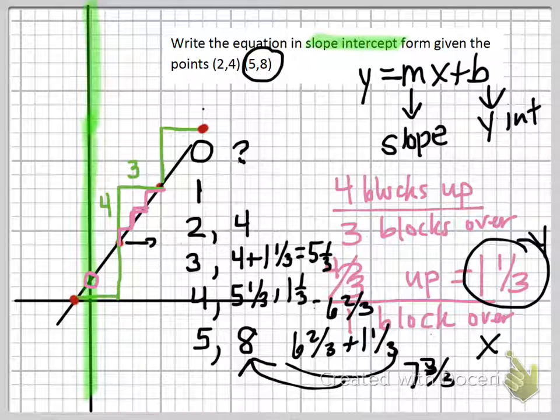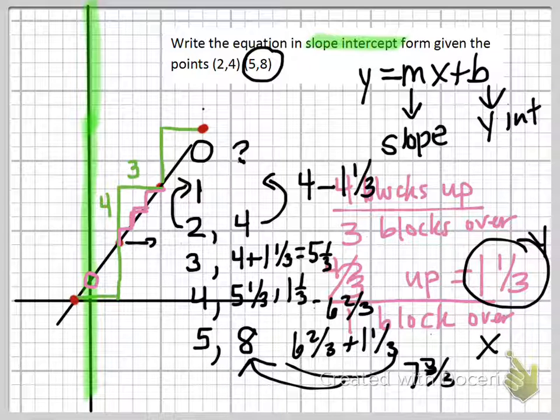Now, we need to go backwards. So instead of increasing my x value, I want to decrease my x value. If I decrease my x value by 1, I need to decrease my y value by my unit rate, 1 1/3. So what's 4 take away 1 1/3?